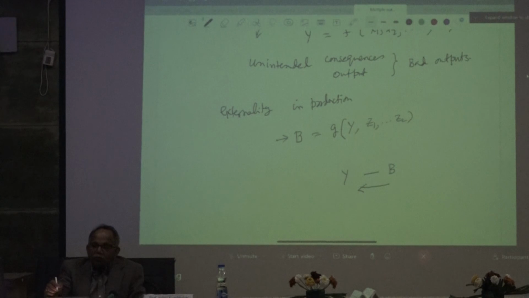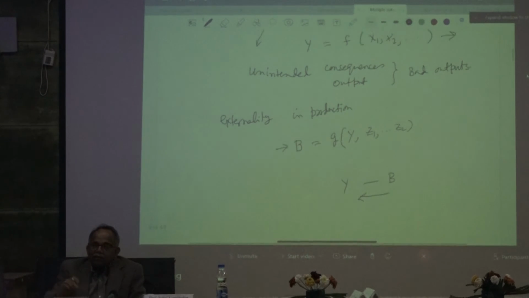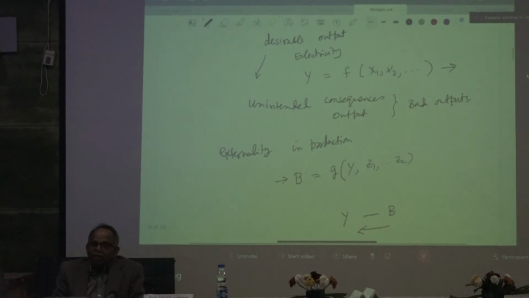To say that the CO2 or SO2 is affecting production of good output, what would be the intuition? That means your bad output is so bad, the pollution is so bad, that it is affecting your health and you are becoming less productive.